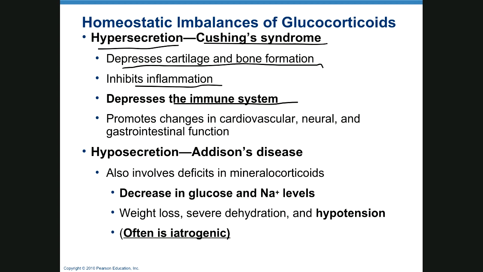Cardiovascular, neural, and gastrointestinal function. Generally, if you have high levels of cortisol, it can make one nervous, have a high heart rate, high blood pressure, immunosuppression. Now, this is often iatrogenic.